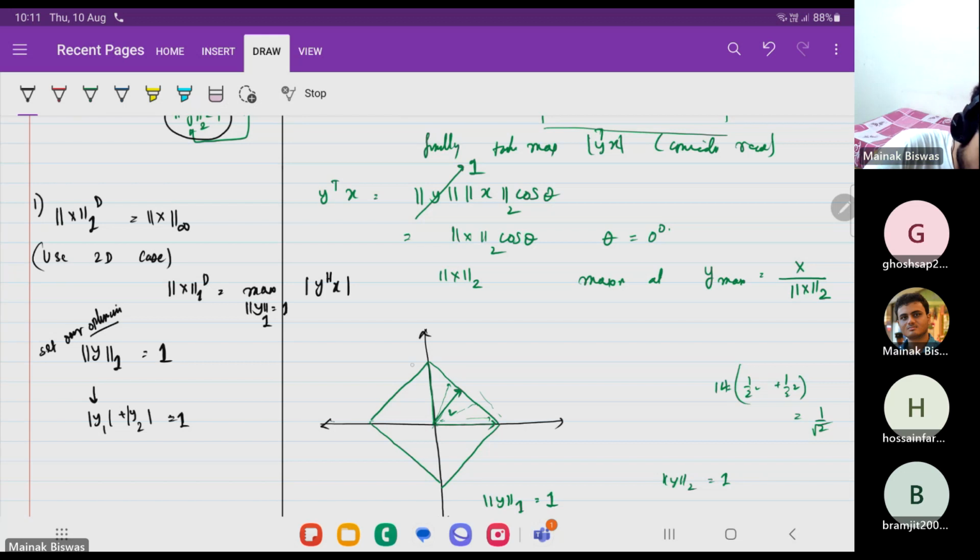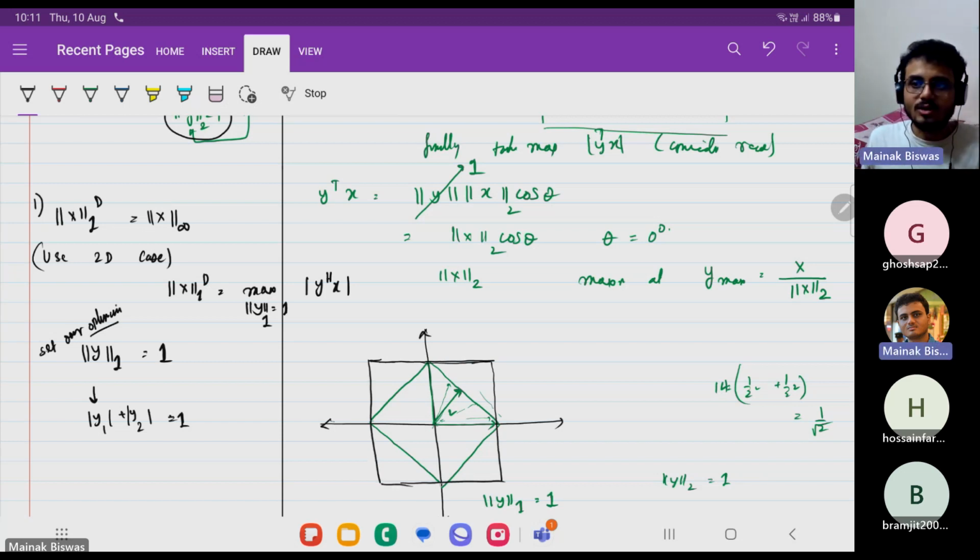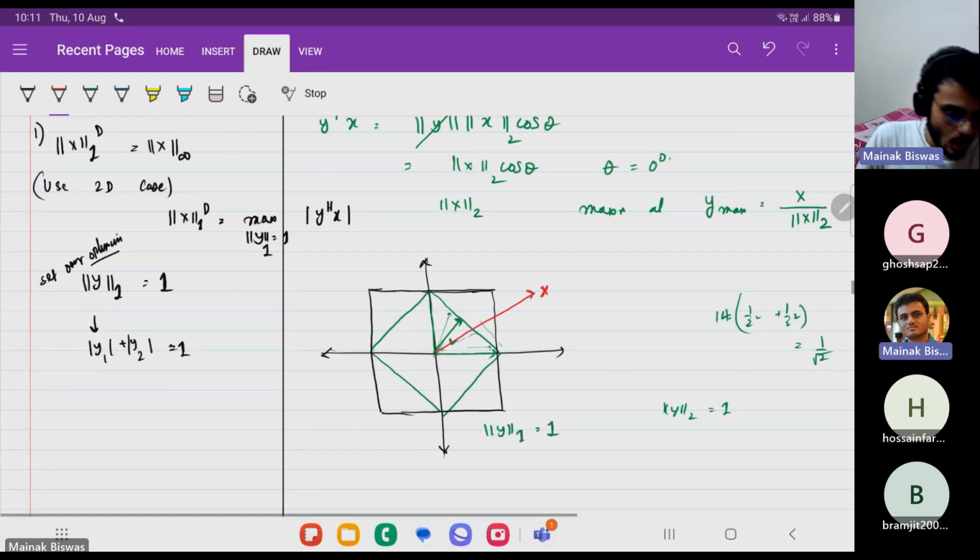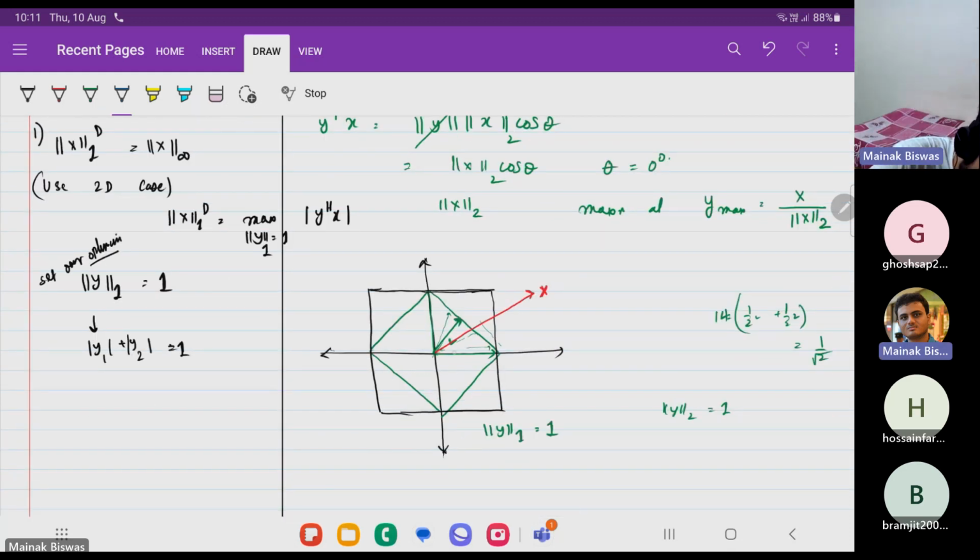Let's see. I will draw the outer square as well to make you understand. Right? Now tell me, if I have a vector x, I will show you two cases. Let's take it closer to y in this case for drawing reasons. I will take you two options.